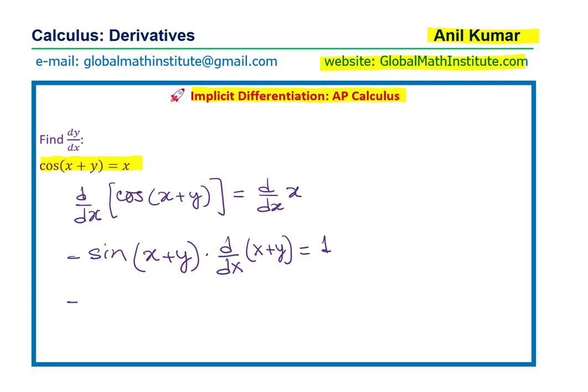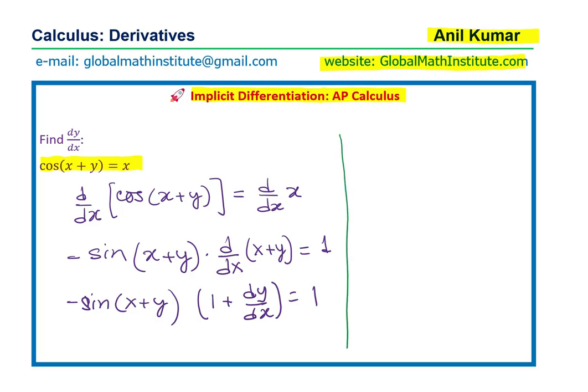So simplifying this, we get minus sine of (x plus y) times the derivative of x plus y, which is 1 plus dy/dx. Now from here, we can isolate and get what dy/dx is. You see that? So that's the beauty of implicit differentiation.